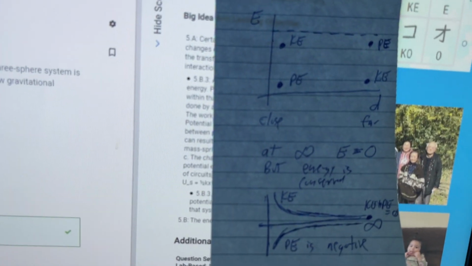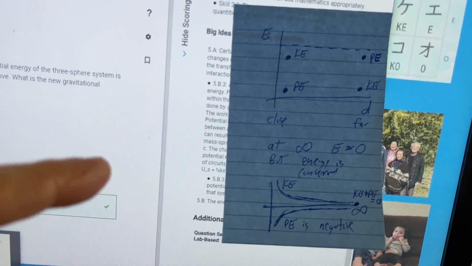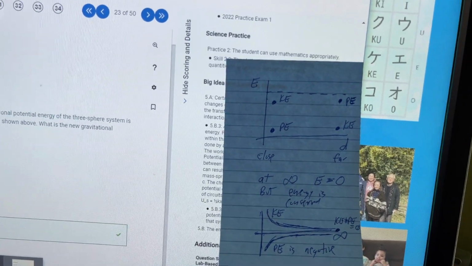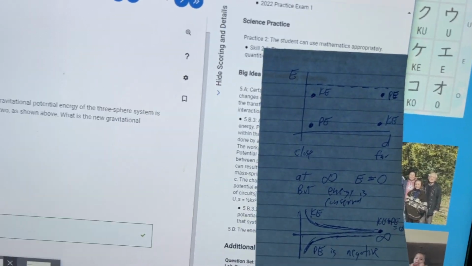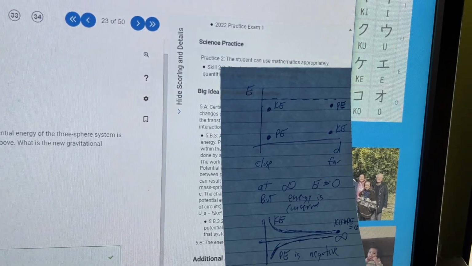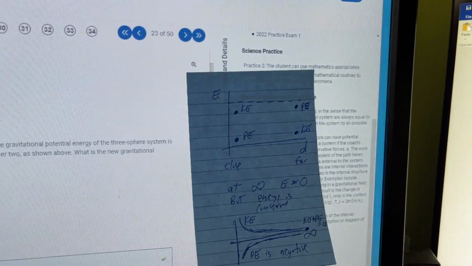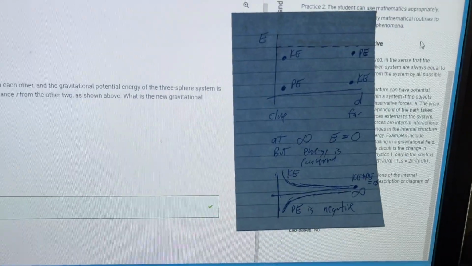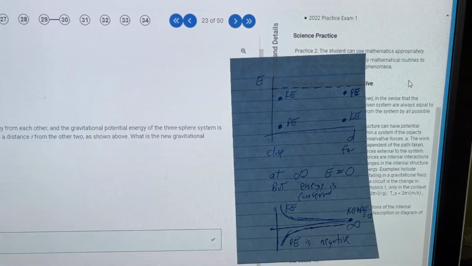So I think the key lies in, if you were to take the mass away from the planet to infinity, right? If you were to go out to infinity, out at infinity, there'd be no energy. It wouldn't have potential or kinetic.